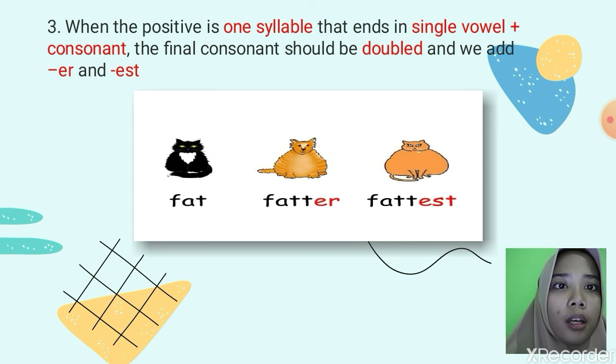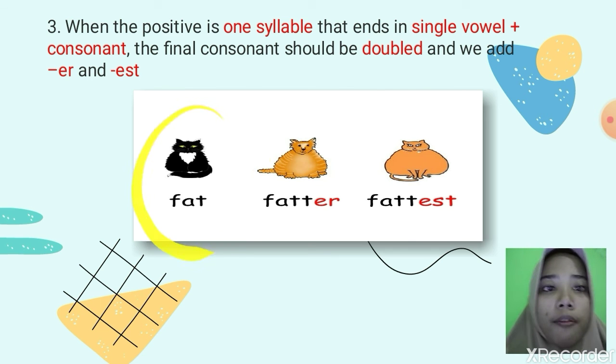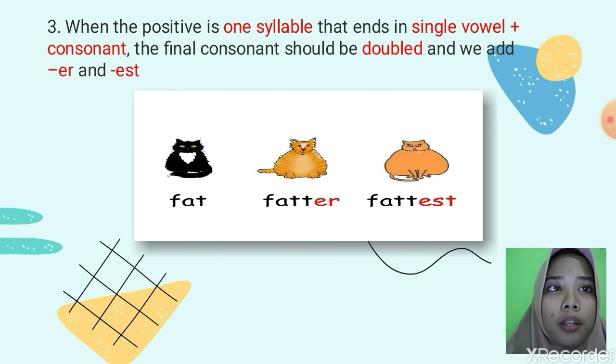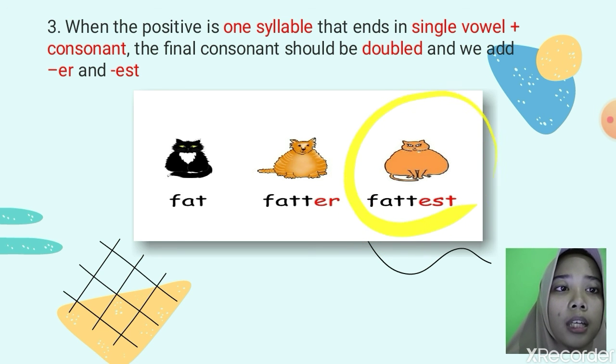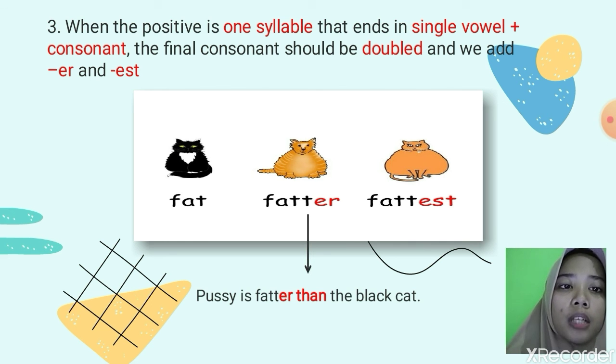So this is the example, like fat, there is a single vowel of a and a consonant in a letter t, and in comparative, letter t should be doubled, and we add er, and the next one is the fattest, so we add est to indicate the superlative adjective. So for the example, like Pushy is fatter than the black cat.